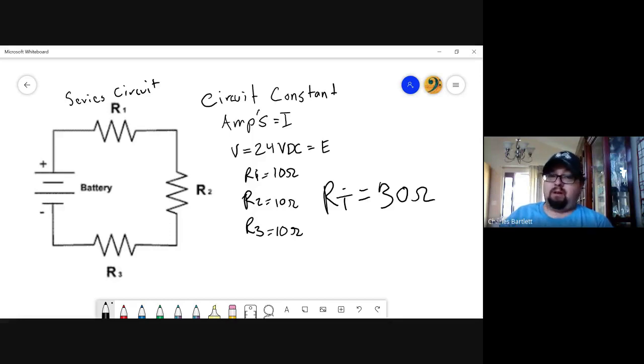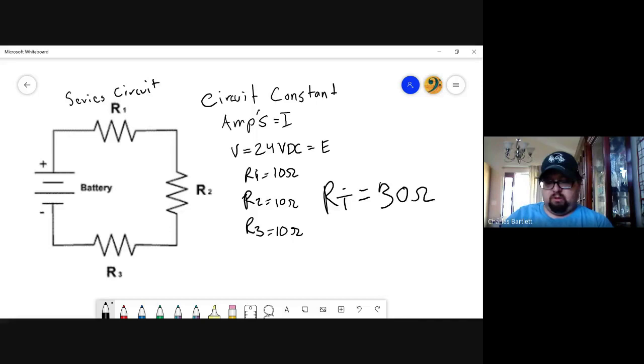And man, you know what? I might have to split this video into 3 so that you're not sitting there latched to the computer all evening. So far in the series circuit, we don't have our amps. That's what we're trying to get. But we do have our volts, which is 24 volts DC, and we have our resistance total.